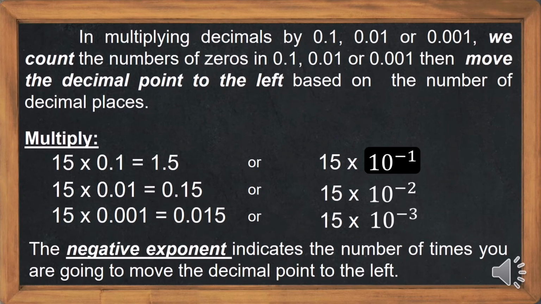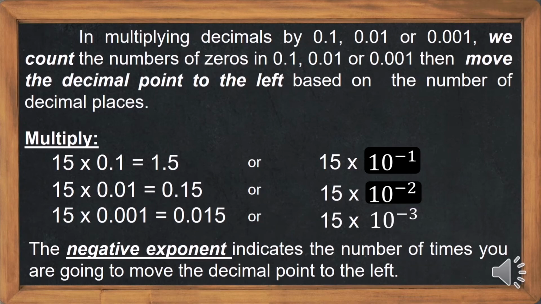Okay, from 15 nagiging 1.5 kasi minultiply na nga natin siya sa 0.1. Okay, isang zero lang kasi. So in the case of 15 times 0.01, negative 2 naman siya, ibig sabihin dalawang places naman siya to the left. Okay? So dalawang zero na kasi. So nagiging 0.15 ang 15. So 2 decimal places na to the left.